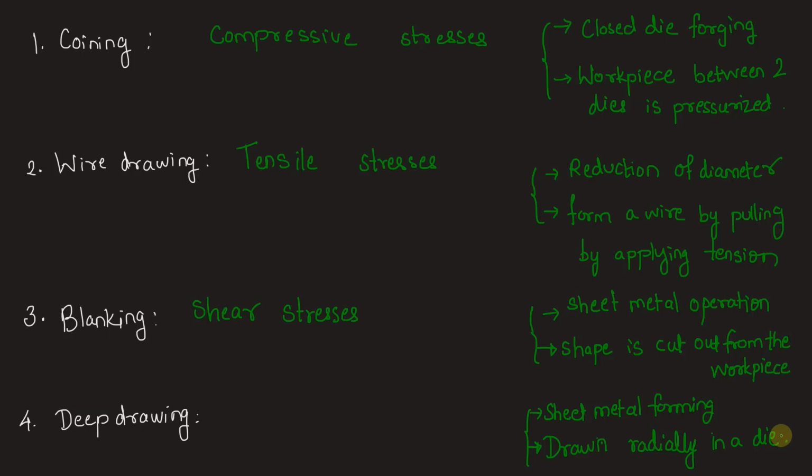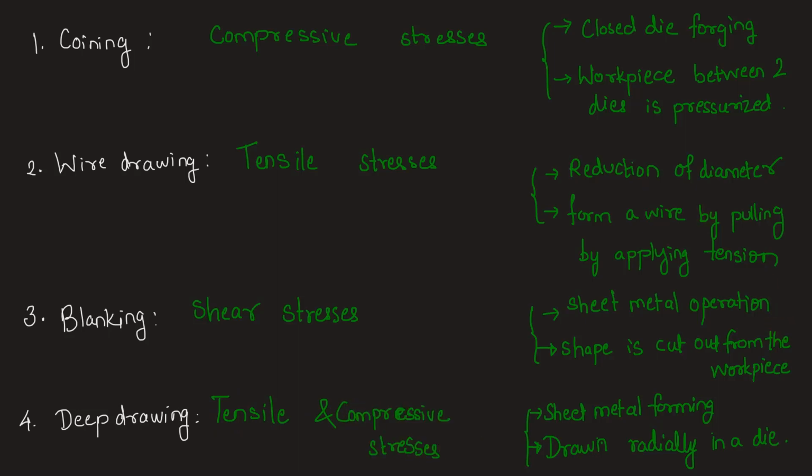This punch will generate indirect compressive stresses at the interface, while in the radial direction we can see there is a pulling happening, which will be the tensile stresses. So we can see both tensile as well as compressive stresses are developed in the workpiece.